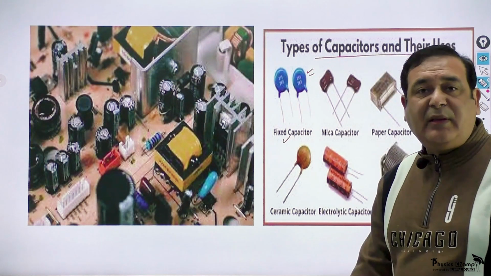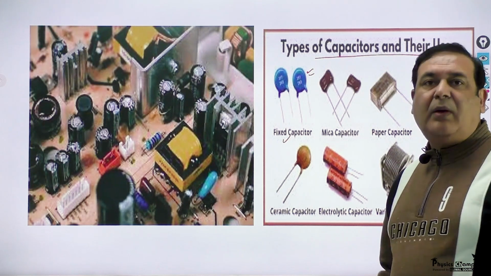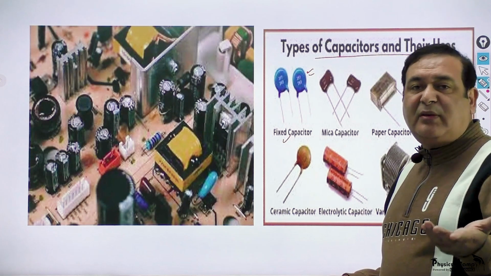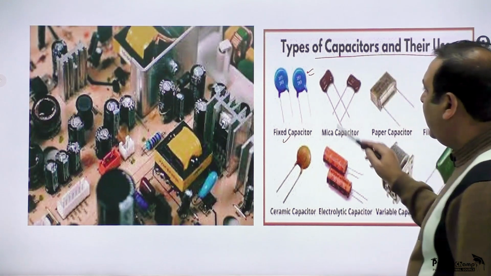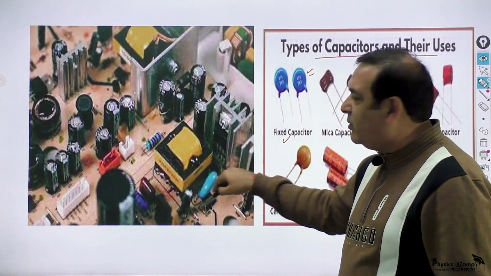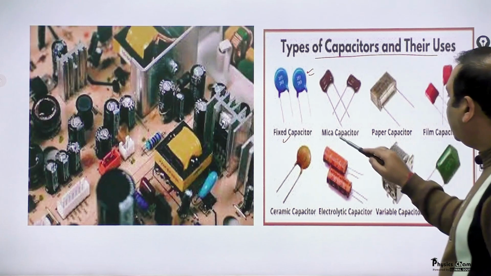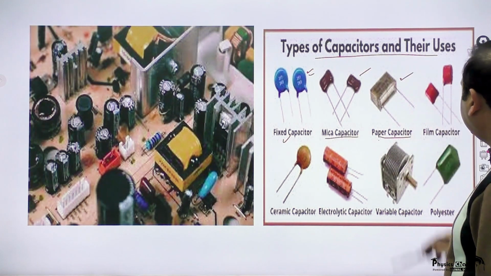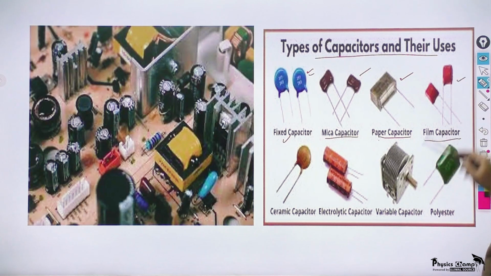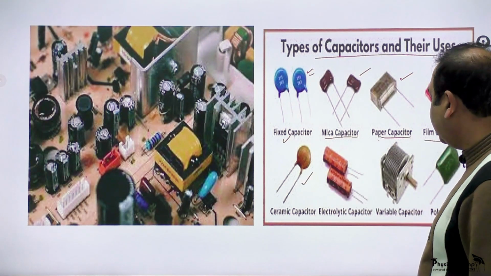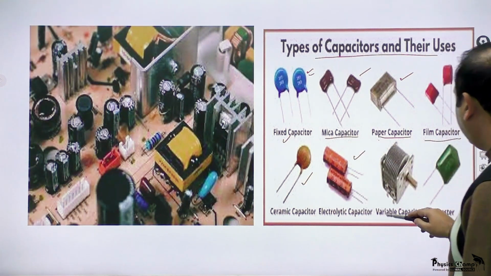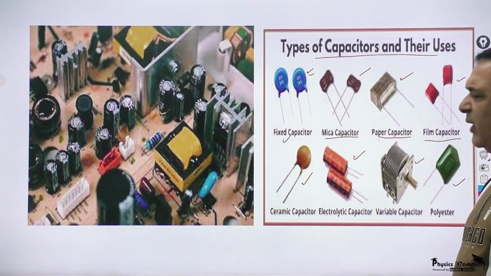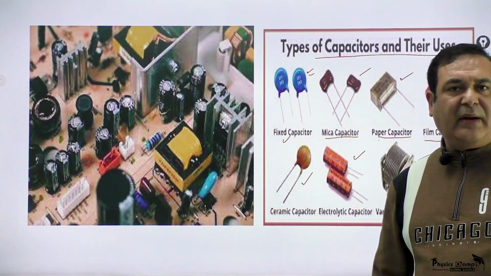Maybe you have seen these in the physics lab, or maybe if you have ever seen any electronic circuit plate like this, and then mica capacitor, then paper capacitor, then film capacitor, then ceramic capacitor, electrolytic capacitor, variable capacitor, and polyester capacitor. So there are various kind of capacitors that are available.